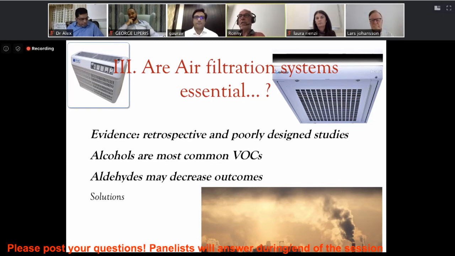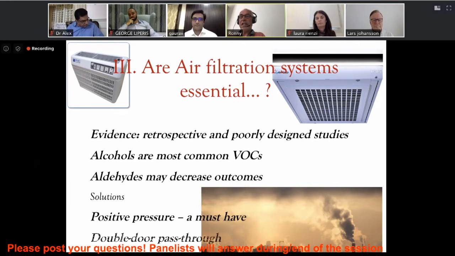Now, the current best practice is having an IVF laboratory in an enclosed box in overpressure, totally isolated from the outside world, because the most probable source of VOCs is contaminated outside air, where one of the big sources is our procedure rooms, which are usually next to the laboratory, and anesthetic gases, for instance, are a known source.